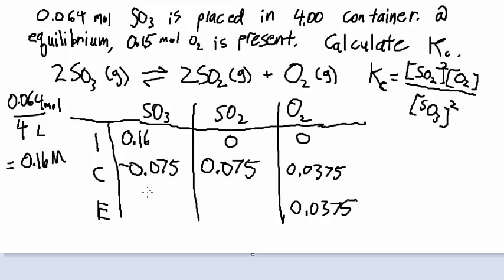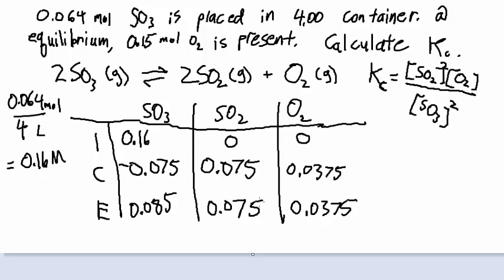Therefore, to find the final equilibrium concentration of SO3, we're going to subtract the 0.075 from the 0.16, and we get 0.085. And the final equilibrium concentration of SO2 is pretty straightforward. We started with none, and then we gained 0.075, so that's what we end up with.